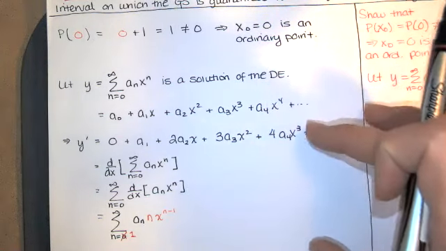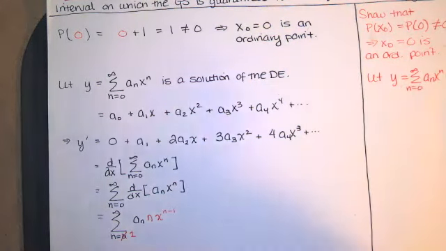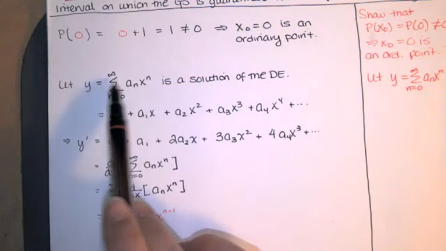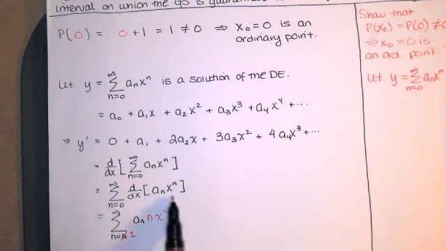I'll show you while I'm doing this example, but in future examples, we're going to take this for granted, and we're just going to say if y equals this, then the derivative of y is equal to this. But this comes from this. This is why we start our counter at n equals 1, and why this expression looks that way.